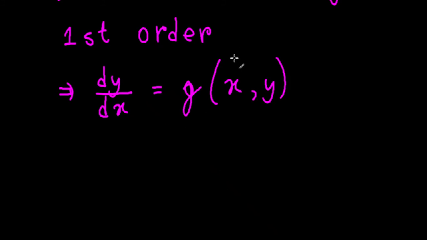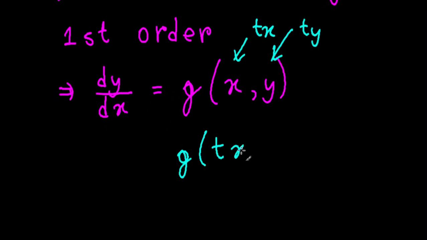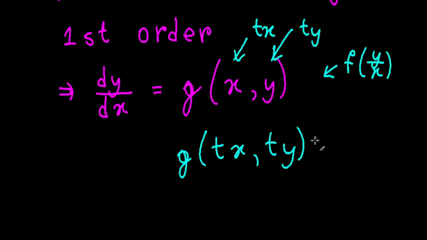So if you put in tx instead of x here and ty instead of y here, you're gonna have g of tx and ty, and as we said, if this side indeed is actually a function of y by x, your t's would cancel, and the whole thing would remain the same as it was before.